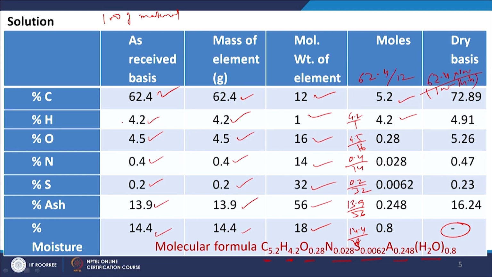Similarly, we are getting hydrogen, that is 4.2 into 100 divided by 100 minus 14.4. So, 4.91.